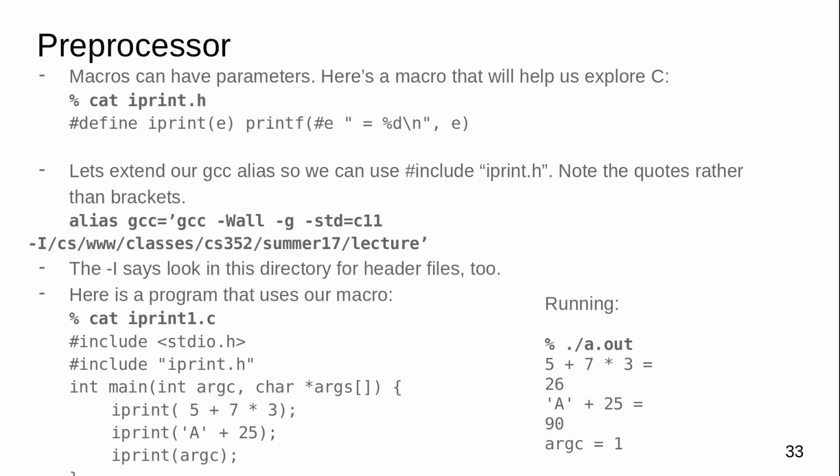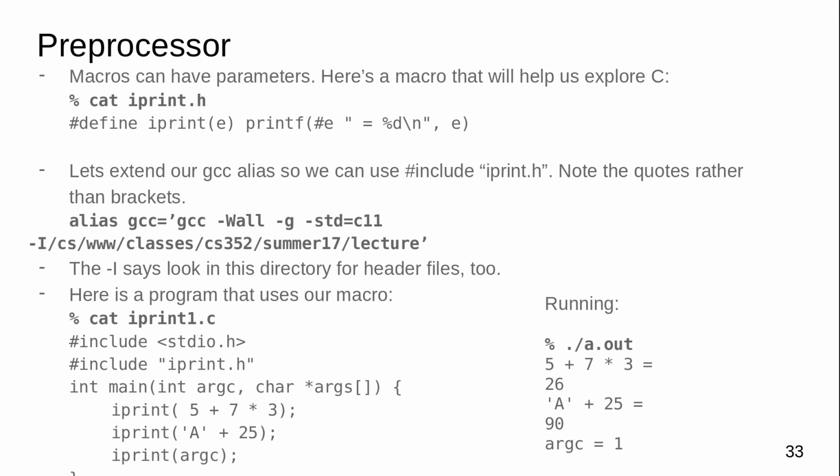If you want to be able to do that in your programs with header files that you've created, you can use the -I option in your GCC command. And you could even add this into your alias if you wanted to. So I use -I and then I specify this path. Essentially what this is doing is telling GCC to look at the directory specified by that path for any header files when I'm compiling.